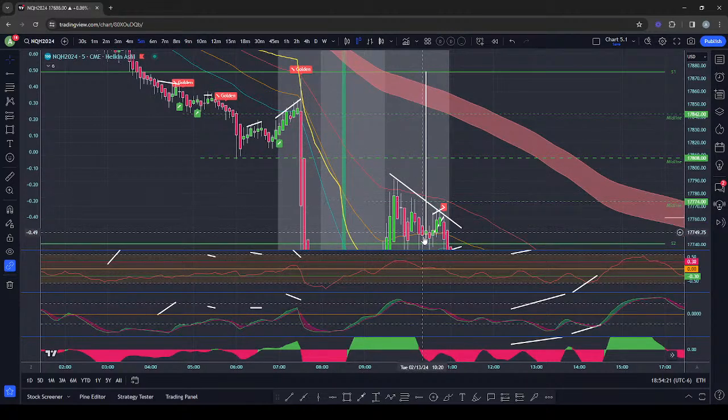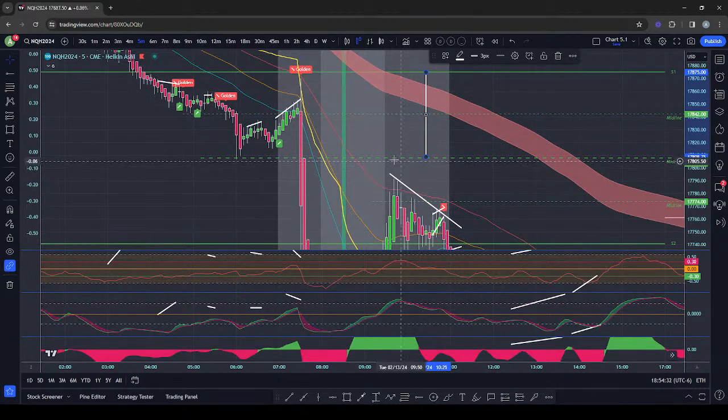Then I take half of that and do the same between the support 1 pivot and the major midline, which is the thicker dotted line right here, and I find the middle of that point.